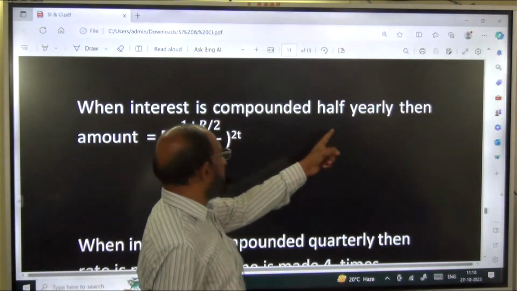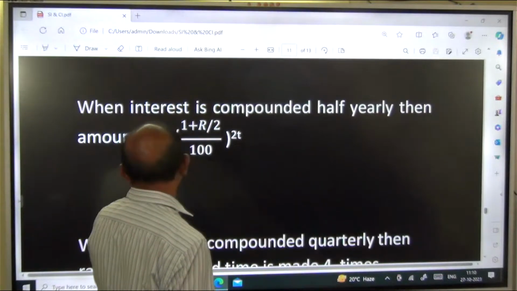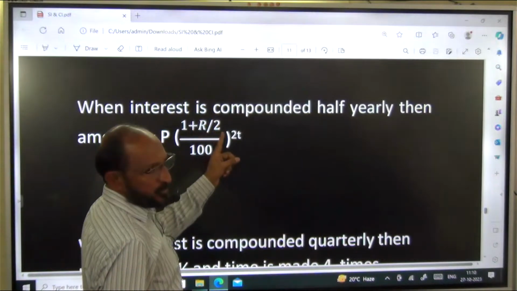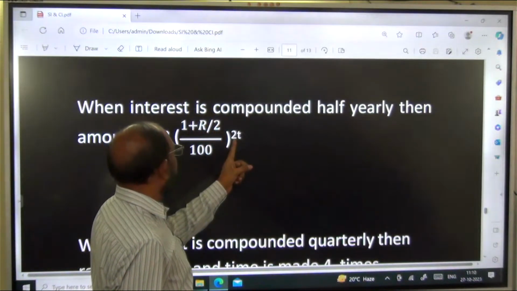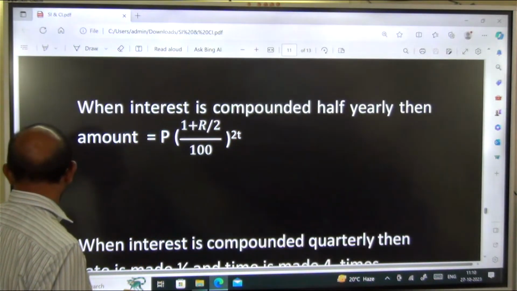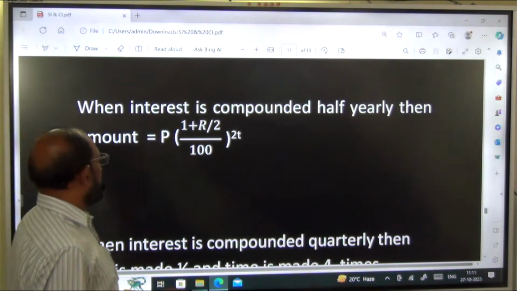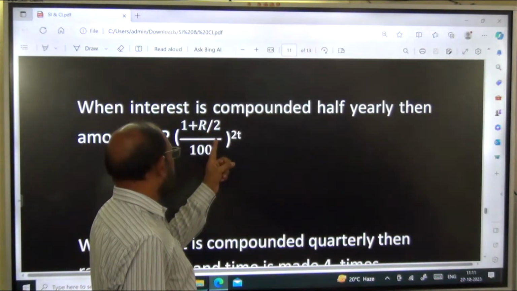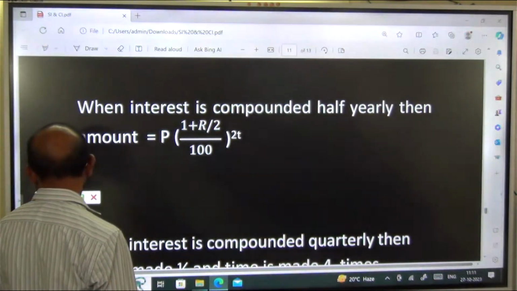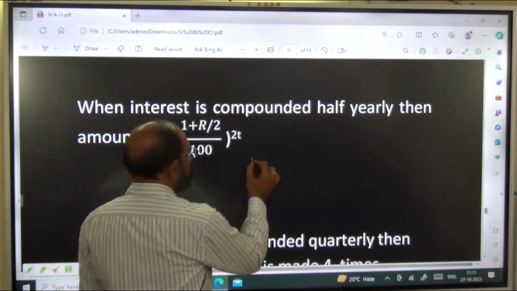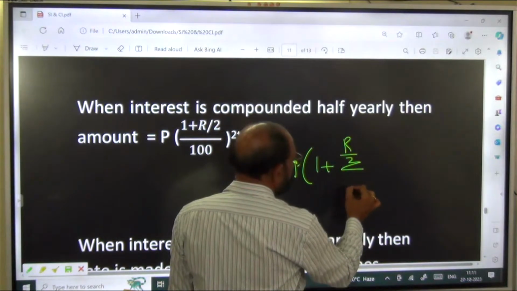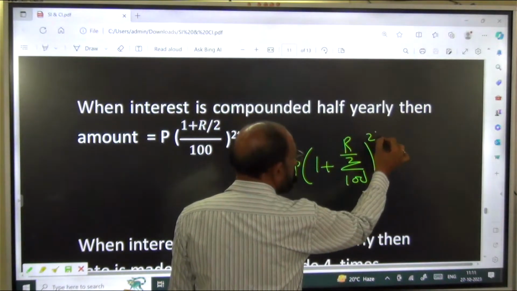When interest is compounded half yearly, then compound amount is equal to P into 1 plus R by 2 by 100, whole power of time, which is double. Time is double. Please make that clear: amount is equal to P into 1 plus R by 2 by 100 whole power of 2n.